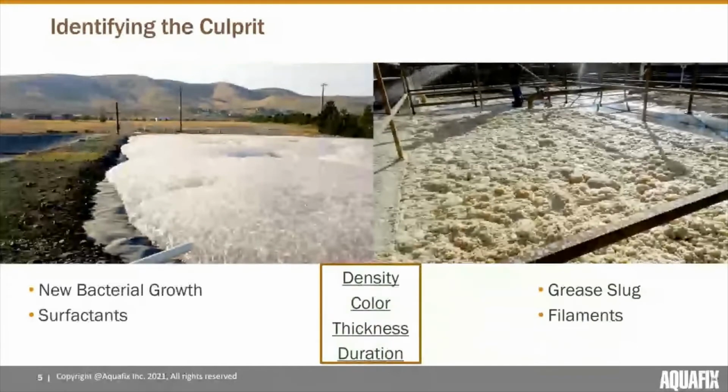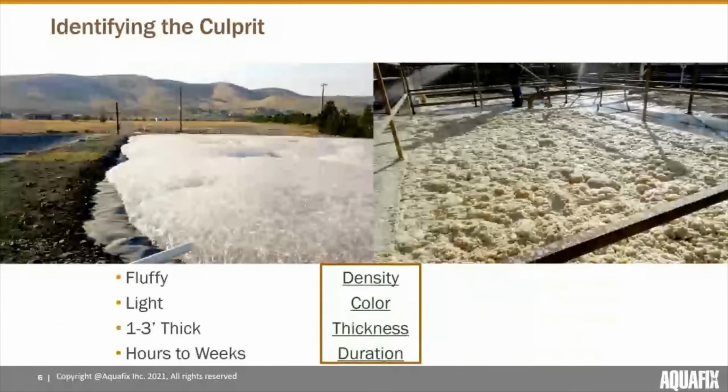The reason it is white in color is because there tends to be very low solids in the foam. It tends to be mostly just the surfactant mixed with air and a little bit of water. So these white fluffy foams tend to show up quickly and go away quickly. Whereas on the right here, you could see a foam like that just from having a lot of grease in your system, but generally that is stereotypically a filamentous foam.